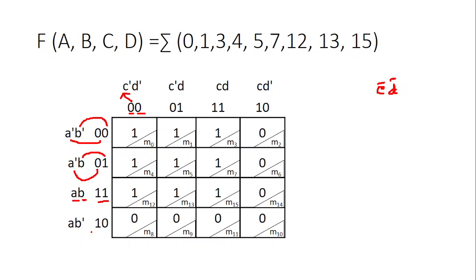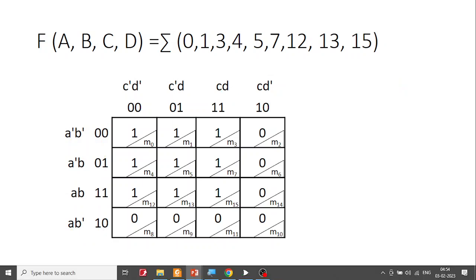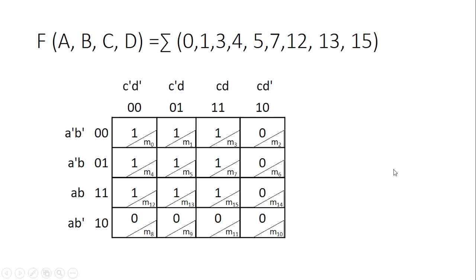Here both A and B are 1, so you write them as they are. Here A is 1, so you write the full form, and B is complemented. Similarly, here C is complemented, D is proper. Here both C and D are proper. Here C is proper and D is complemented. So with this, let's continue with the mapping.